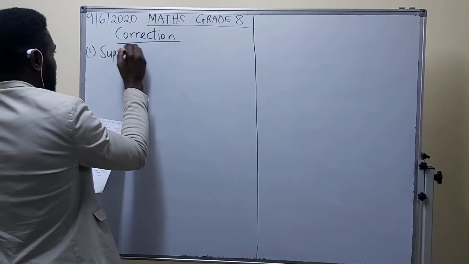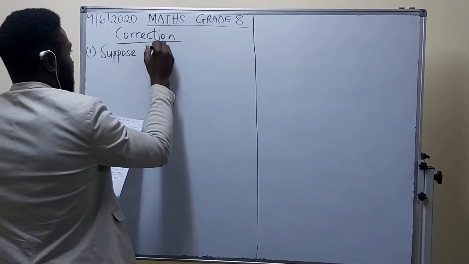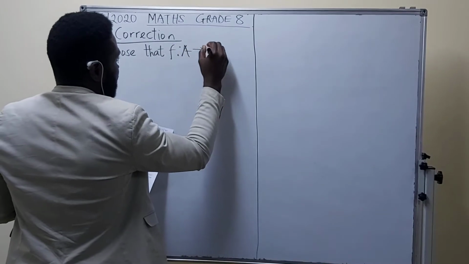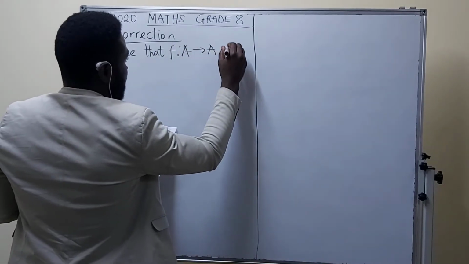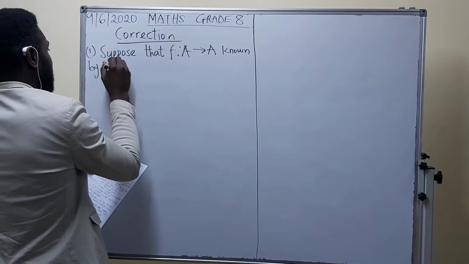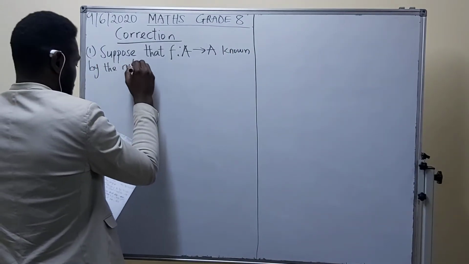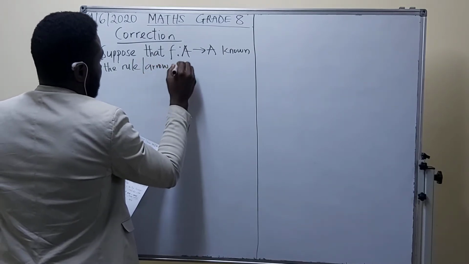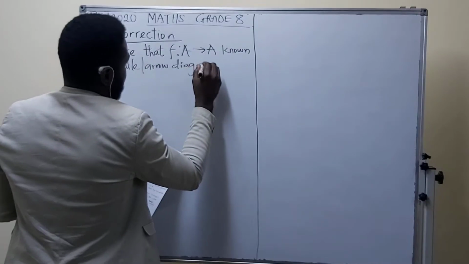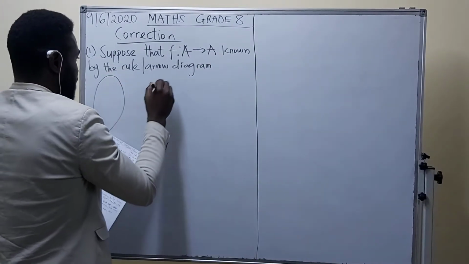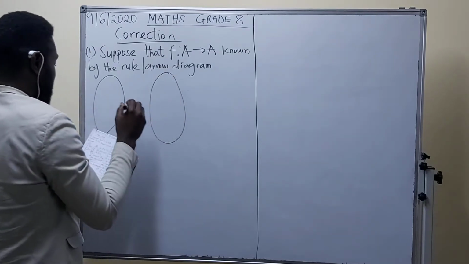Suppose that f such that A binds with A, known by the rule or arrow diagram. This is the arrow diagram. This is the domain and the codomain.